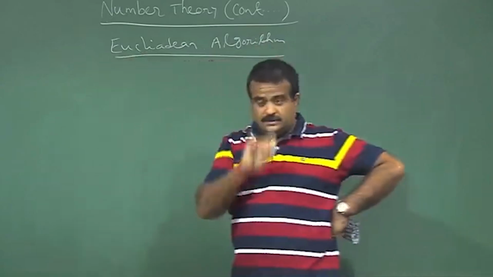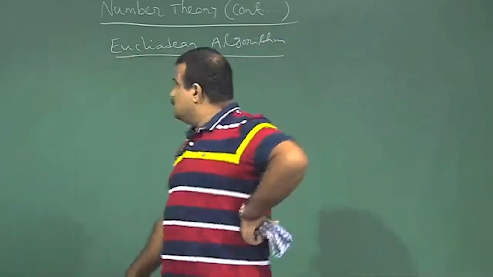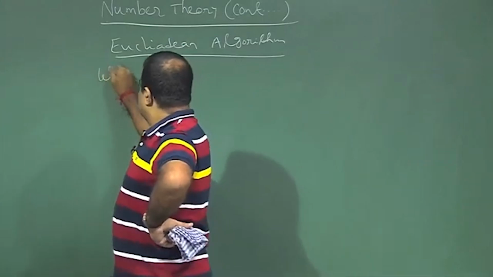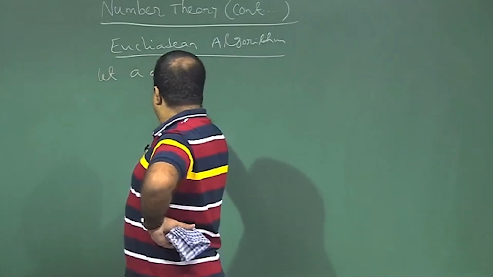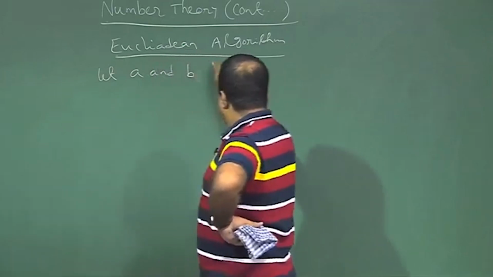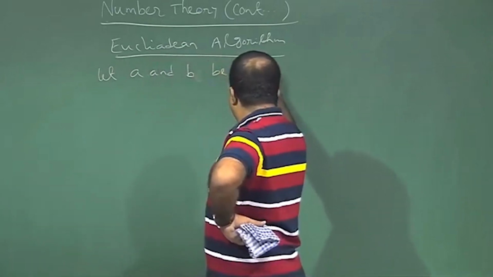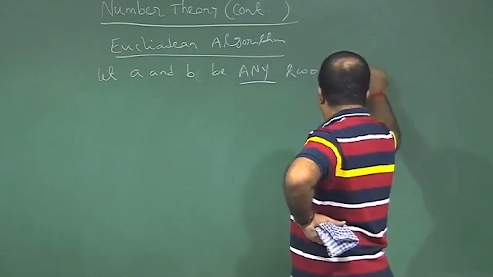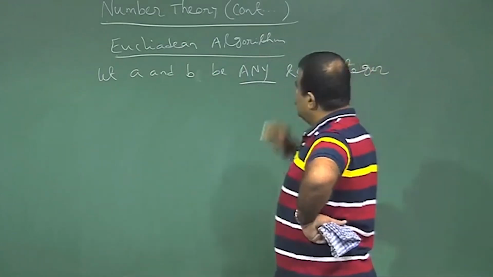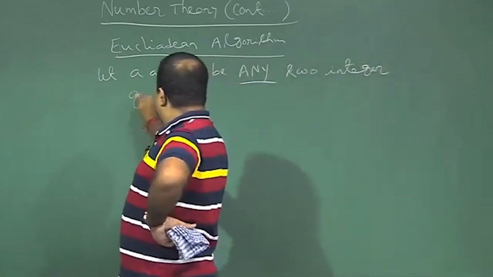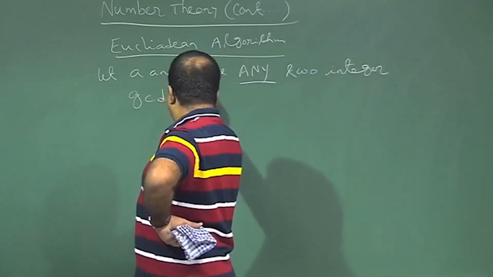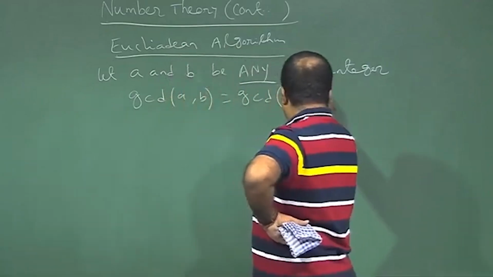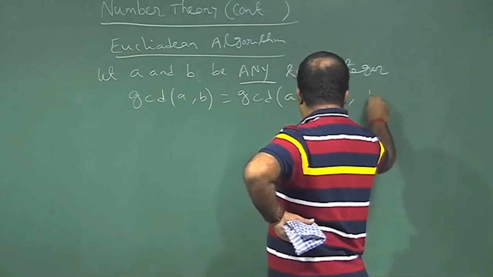In the previous lecture we have seen this theorem: let a and b be any two integers, then GCD of a, b is equal to GCD of a mod b, comma, b.